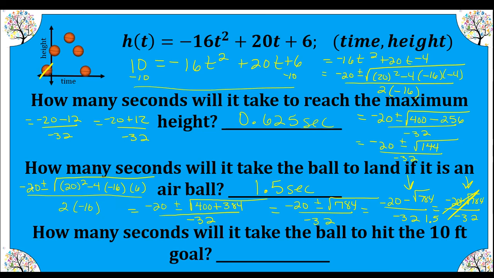This is when the ball is 10 feet in the air. How many seconds? So we get 0.75. Okay, again, we're talking about seconds here. We plugged in 10 feet.